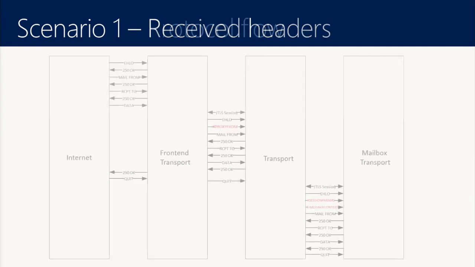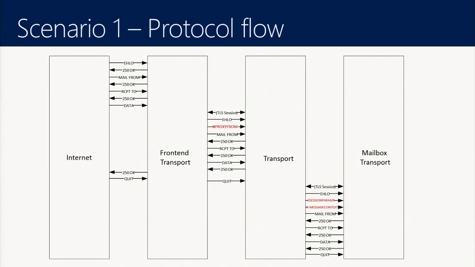Is data transferred from the internet to the actual transport, or is it through the front-end transport? It is through the front-end transport. The internet client never connects directly to the transport service. It's a blind proxy at that point, which is why you see it just passed.